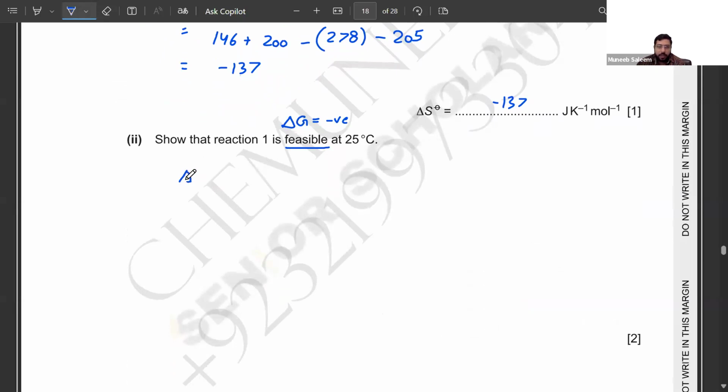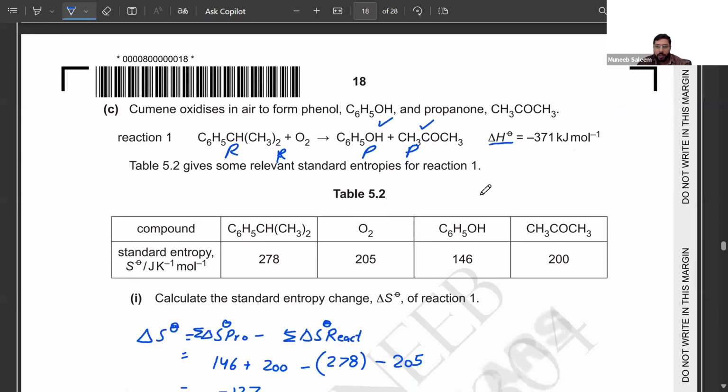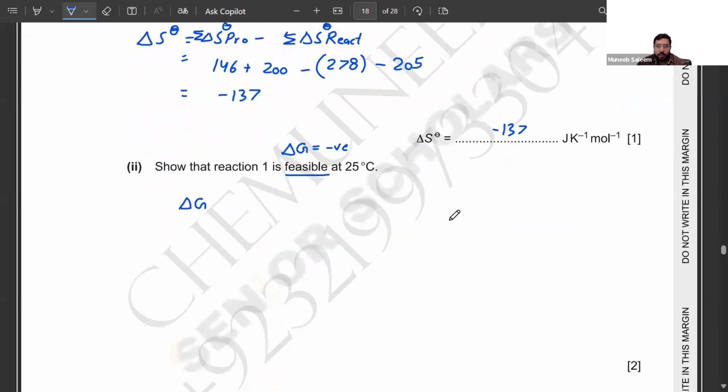Now, what's the formula of delta G? Delta H is given over here, and we calculated the entropy value, so we can link them with the formula delta G equals delta H minus T delta S.